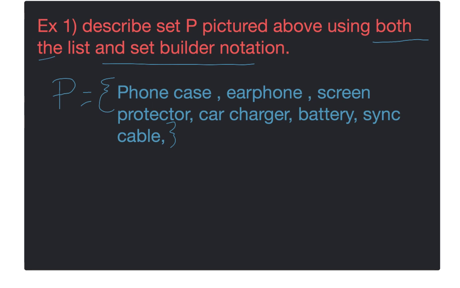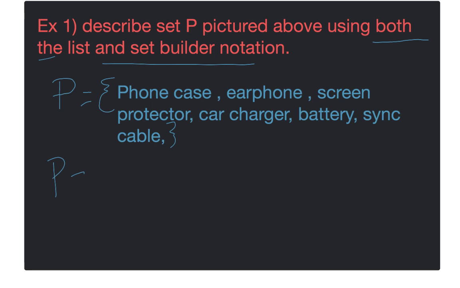Now the second thing it wants is the builder notation. The builder notation literally describes exactly what's showing in the picture on page 2 at the top. Phone accessories. So that is exactly what the second set is going to be.